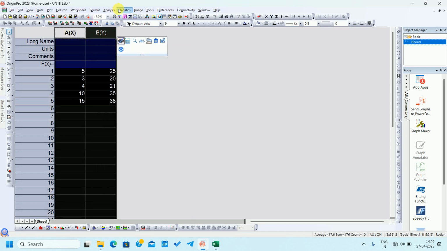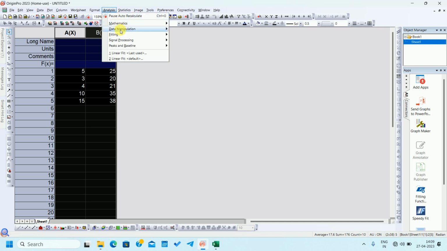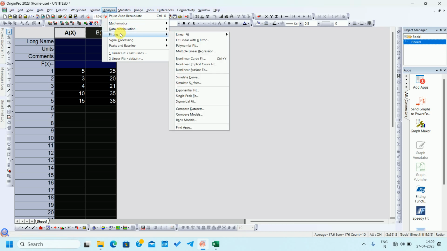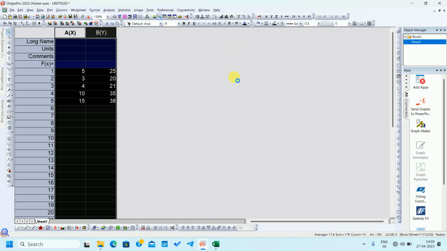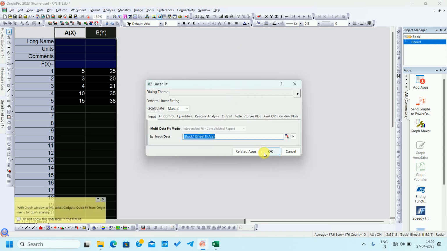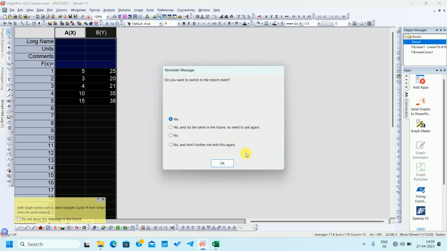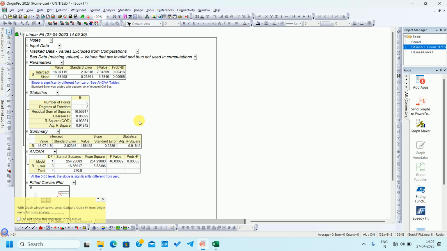So you just click on analysis, fitting. So you just click on this linear fit. Okay. Yes, see here. So once you get this graph, you just double click on this.